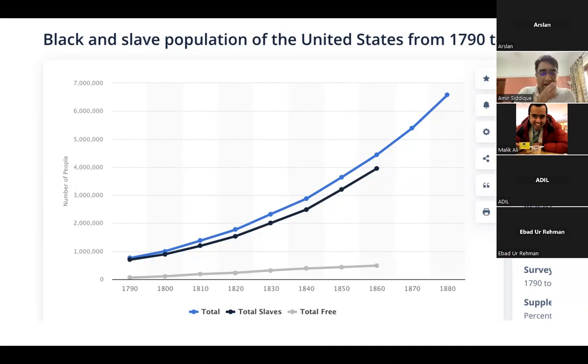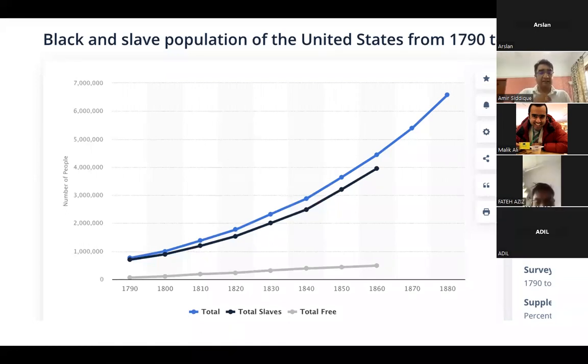I have the data from 1790 onwards. 1790 is right after the Declaration of Independence, and right after the Constitution was adopted in 1787, and 1790 is the year when George Washington started as the first president of the United States.